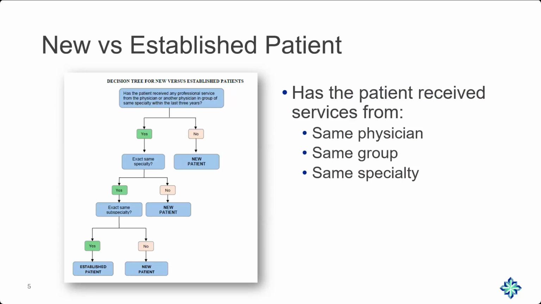What Medicare is looking for for a new patient is that the patient hasn't been seen in the previous 3 years by the same physician or a member of that same group with the same specialty. And when we call out specialty, we are talking about the two-digit code that the provider is declaring or designating during their enrollment process. So you just want to make sure that you're considering all of that as you're choosing your level of service.